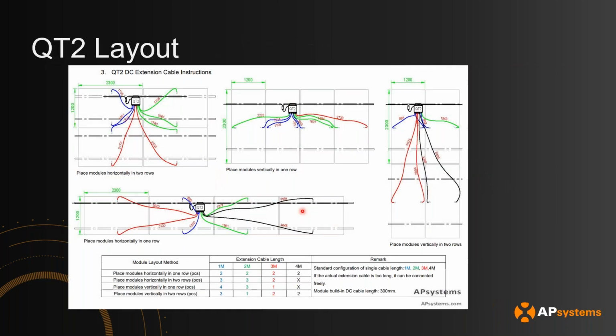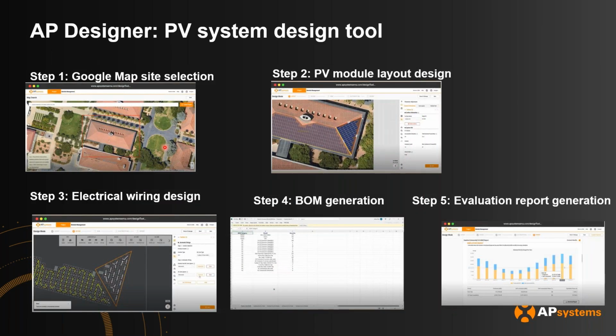I have this diagram that explains the different wiring that you can do with the QT2 layouts. So all these are totally fine. Just remember, the main thing is that you will also need DC extensions for panels where the DC whips are not as long and the panels are a little bit farther out. But the AP Designer tool will be able to help you figure out all that information.